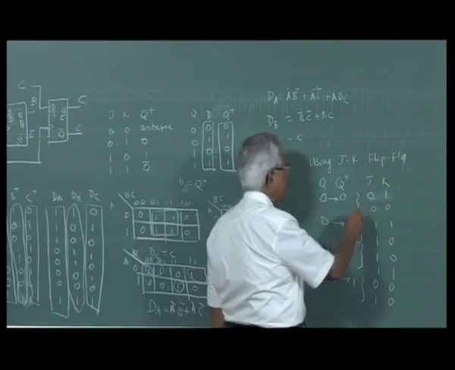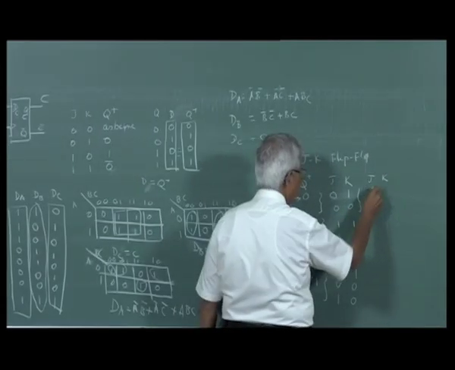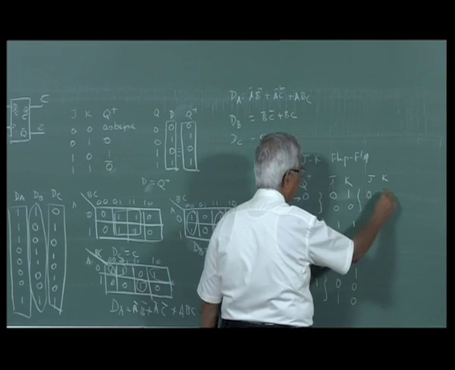So, I can rewrite this, simplify as J has to be 0, K can be 1 or 0.